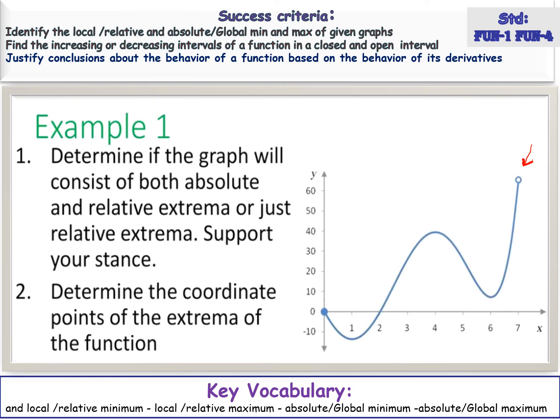So the given interval, if you say that this is 7, the interval of the graph is shown as 0, which is included, whereas 7 is excluded. So this is the way we have our graph. Now first of all, find out or indicate where the relative extrema are.